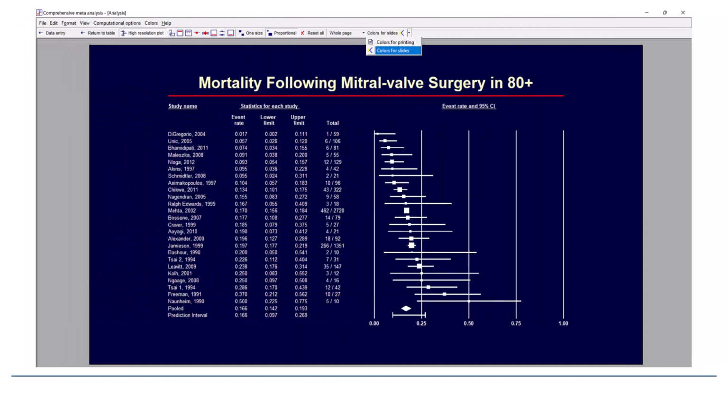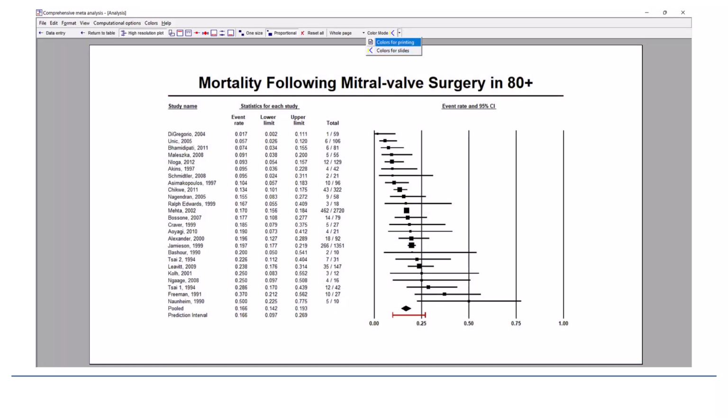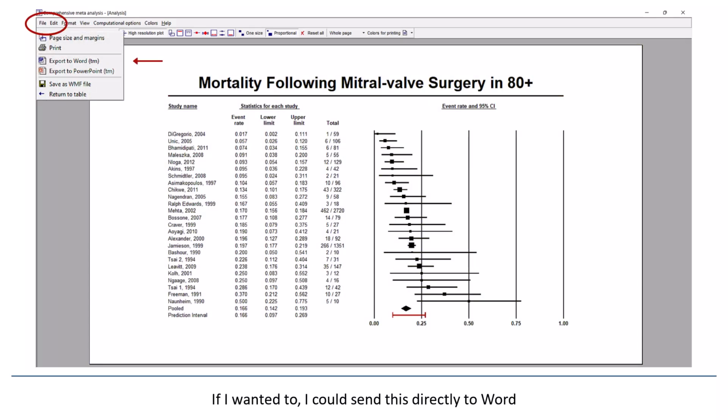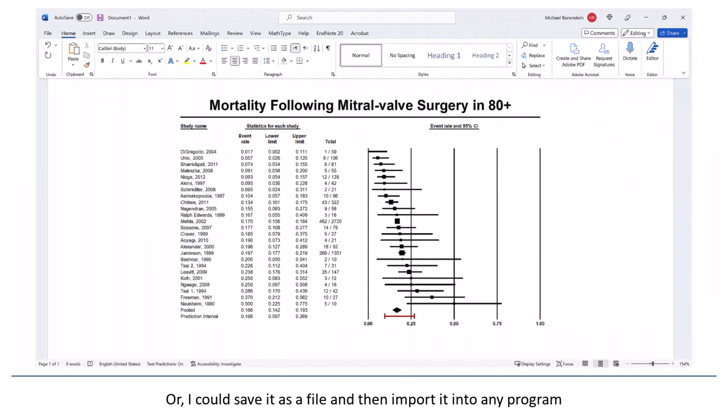Back in CMA, I choose colors for printing. If I wanted to, I could send this directly to Word. Or I could save it as a file and then import it into any other program. That's it for the basic analysis.